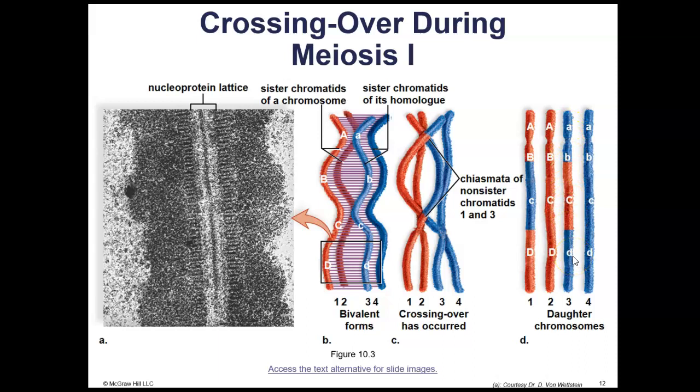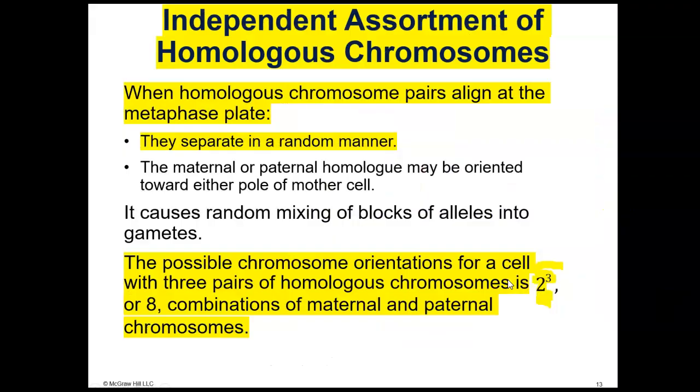So it just gives us more genetic variety. So even if that's kind of hard to understand, just remember that crossing over occurs during prophase 1, and it gives us more genetic variety than if crossing over did not happen. The other process or event during meiosis that gives us genetic variation is called independent assortment.